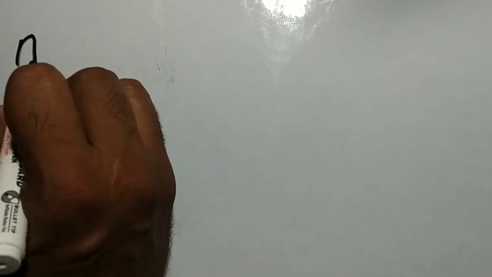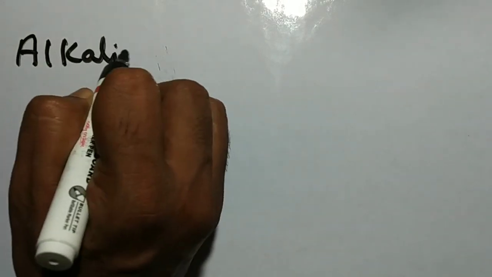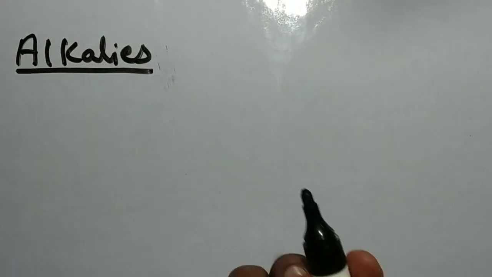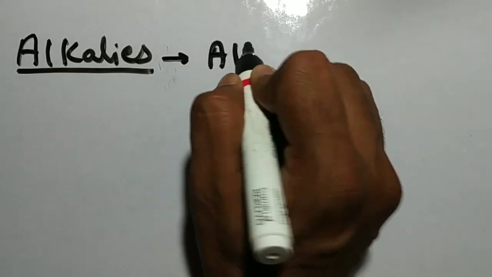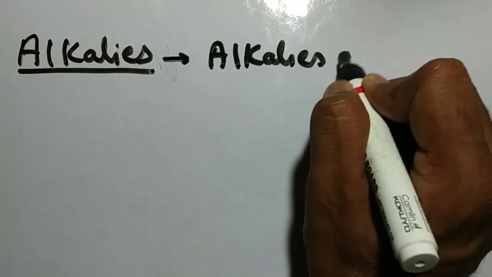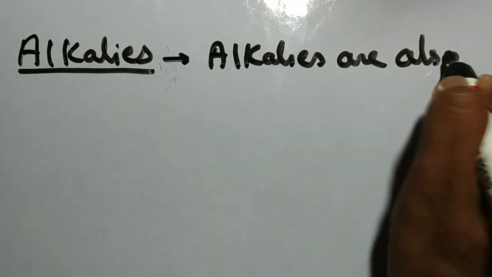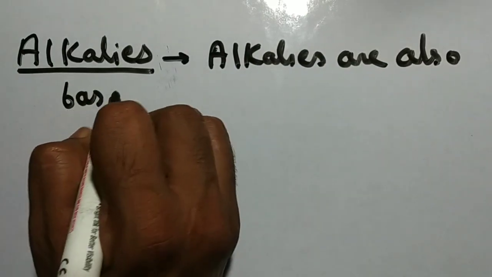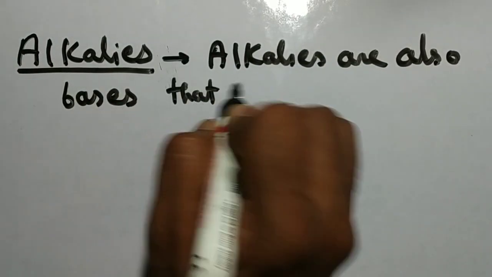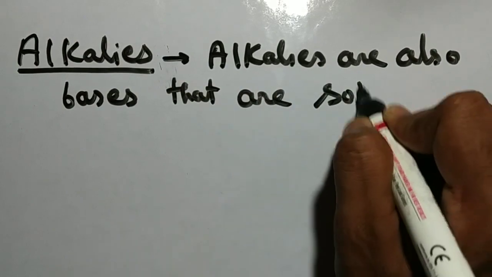Now, before moving to the further topic, we should know about alkalis. Most of the students are not capable of knowing about alkalis. So we can say alkalis are also bases. Alkalis are also bases that are soluble in water.